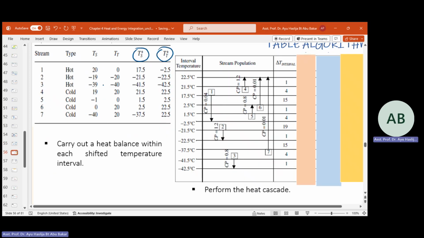Okay, moving forward, find your shifted temperature. Hot minus 2.5. Cold plus 2.5.